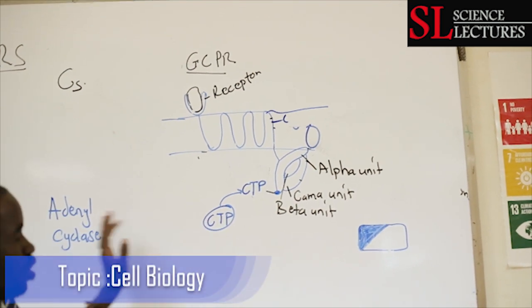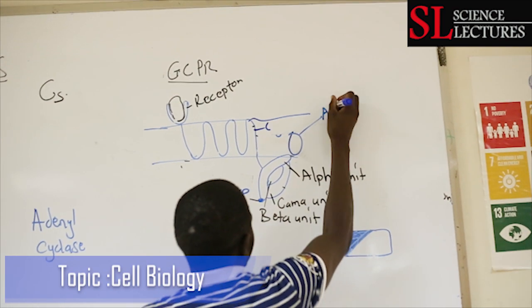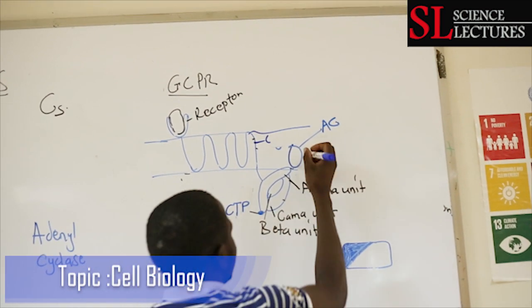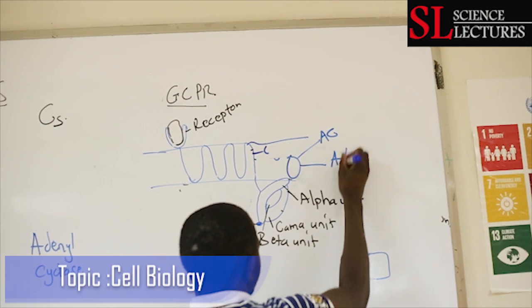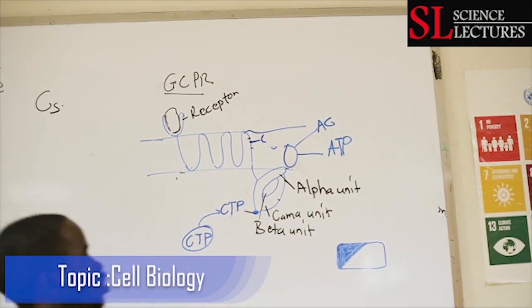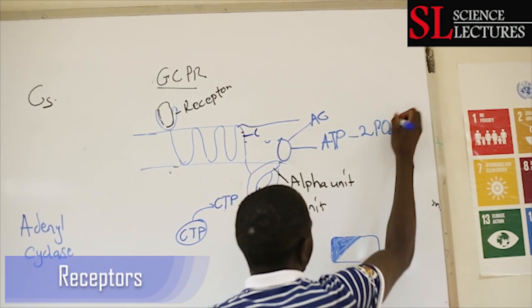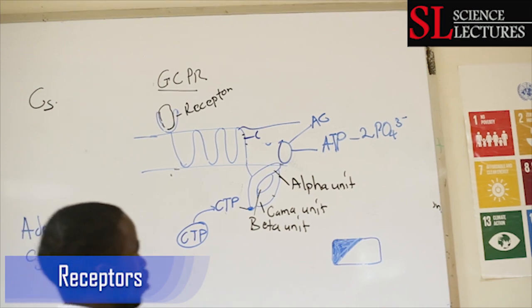What happens when that happens? To interact with adenyl cyclase, this is our adenyl cyclase. This adenyl cyclase shall get ATP, which is adenosine triphosphate, and remove 2 phosphates, which means I'll be left with 1 phosphate.